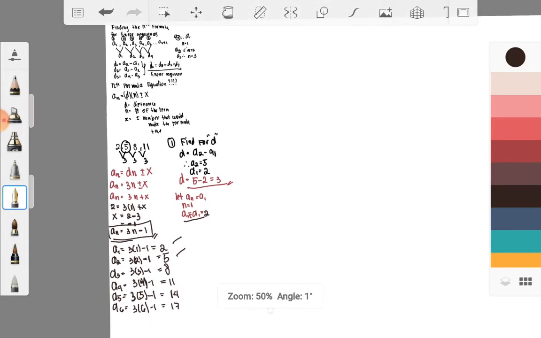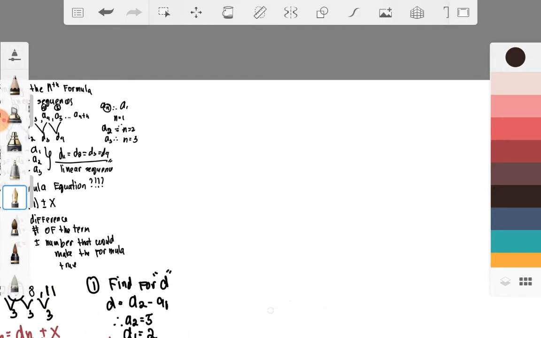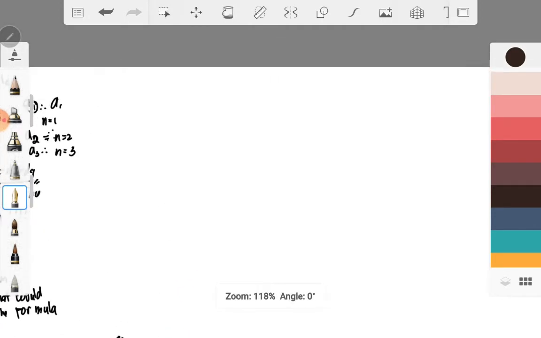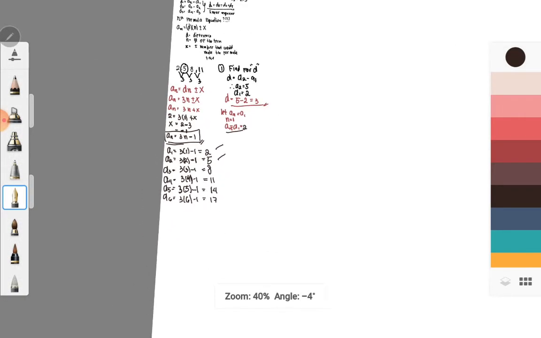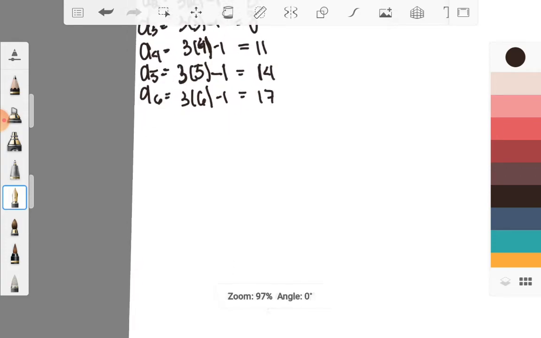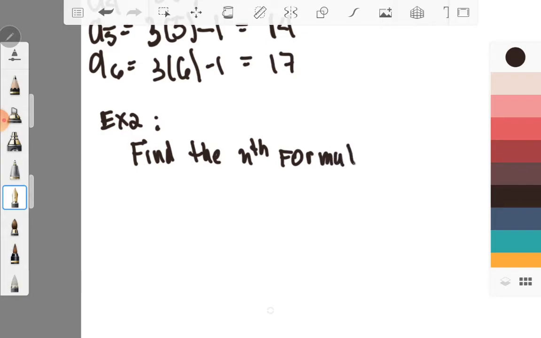So, let's have example number 2. Dito natin ilalagay. Example 2. We have, let's say, find the nth formula of the sequence.